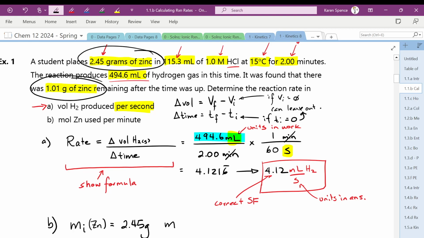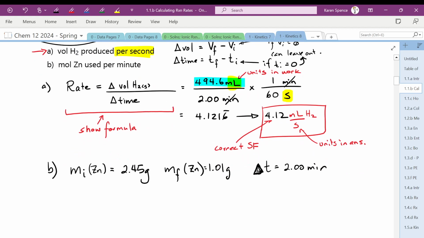And we know that our final mass of the zinc is 1.01 grams. You wouldn't have to write this step. Okay, that's not required. If you can keep that in your head, that's all right. And we still know that our change in time is equal to 2 minutes. Delta doesn't look much like a delta. There we go. Okay.